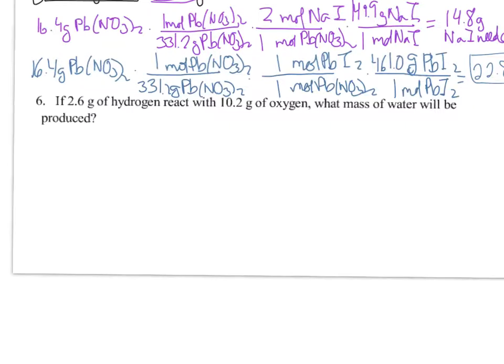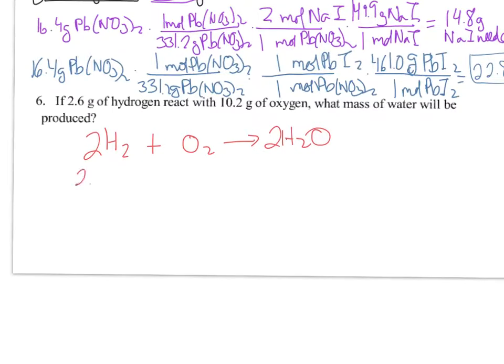First thing you do, write out your reaction. So let's do that. Hydrogen, that's H2, reacting with oxygen, which is O2, to form H2O. Need to balance it, so 2, 1, 2.